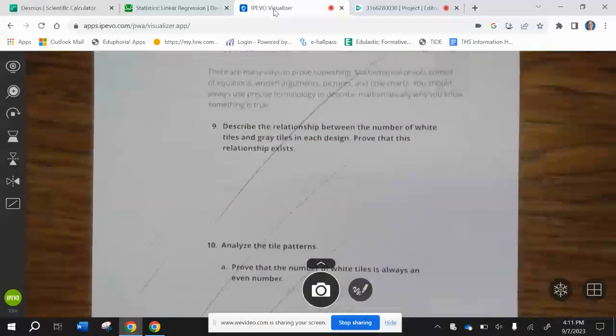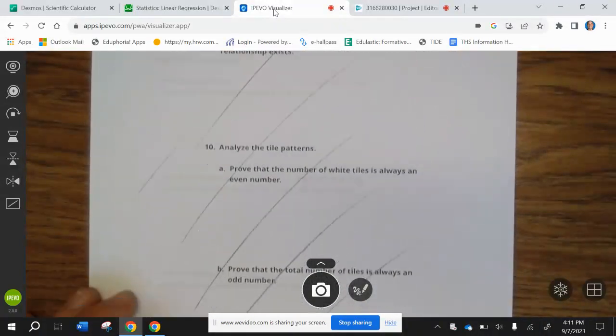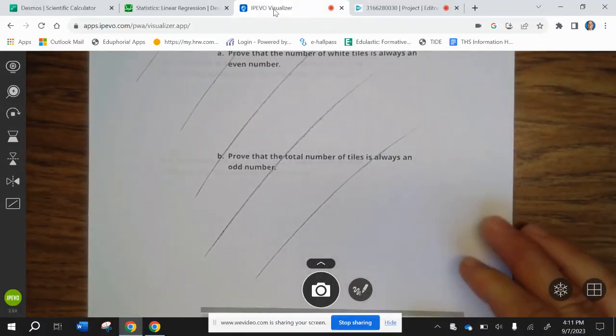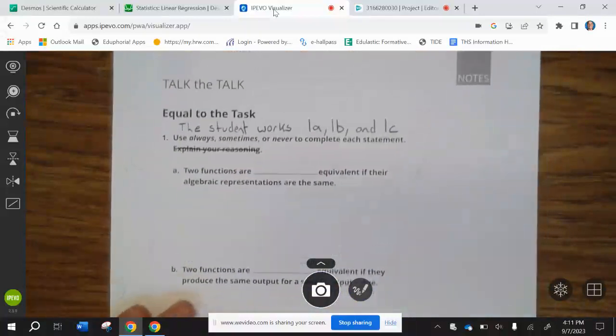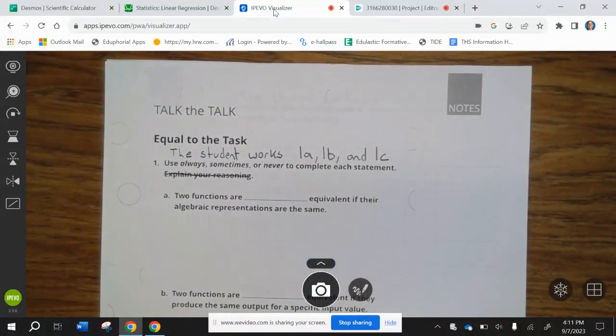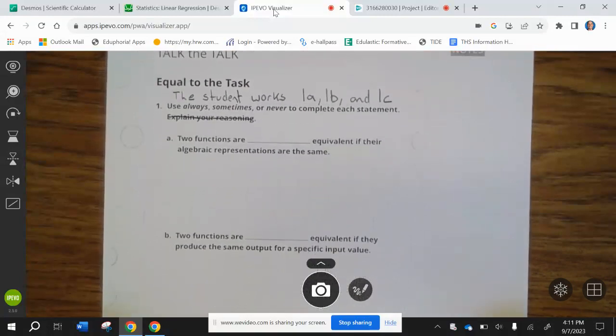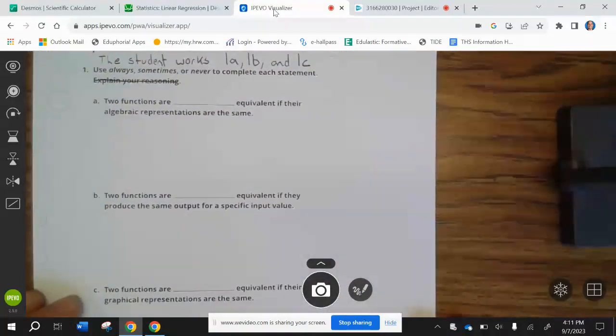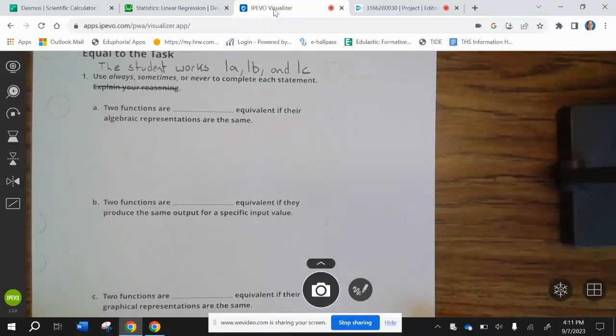All right, we're going to scratch this page. All right, let's take a look. All right, student works 1A, 1B, and 1C. All right, let's take a look at the next page.